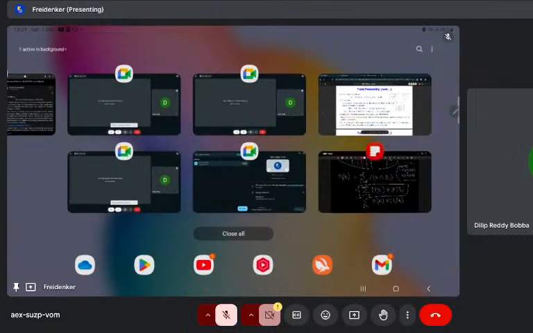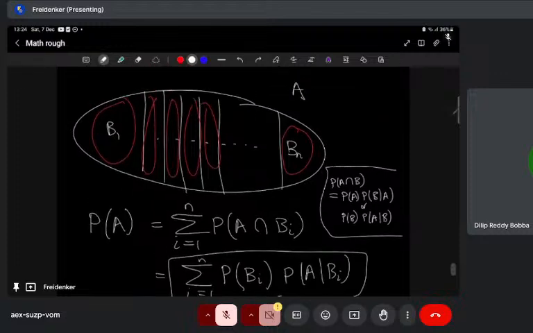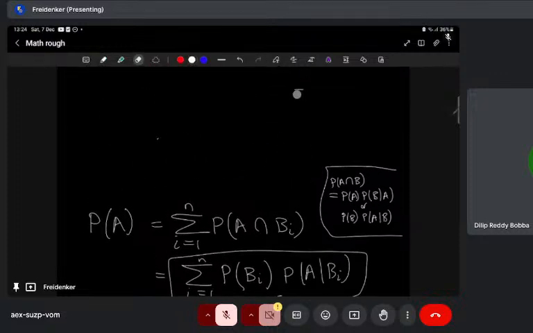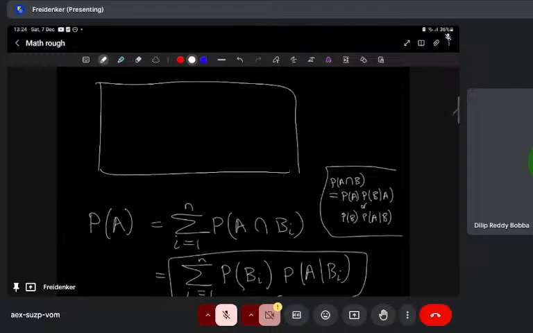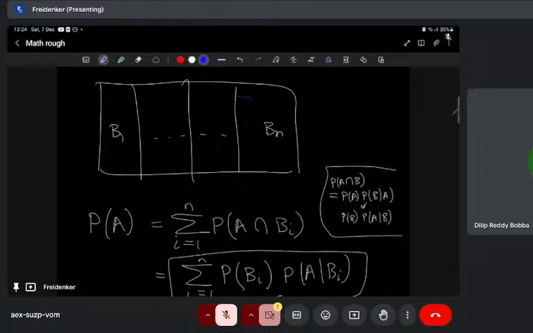So in order to make this picture accurate, you have something like this. This is B1, this is Bn, and then you have something like this. This is A. So you have A1, A2, and so on, this is An.